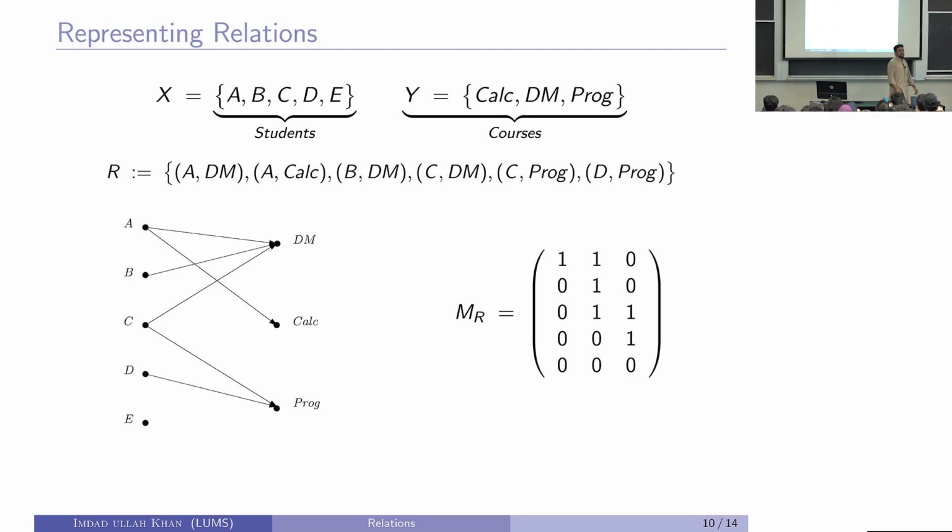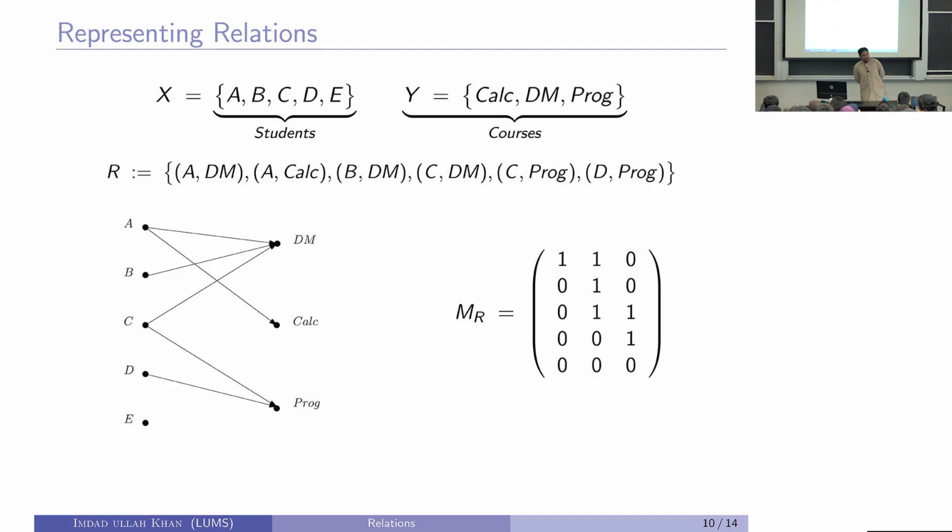How many ones will be there? How many zeros will be there? Good. So the cardinality of the first domain cross the cardinality of the second domain, that is the dimensionality of the matrix, minus the number of ones.